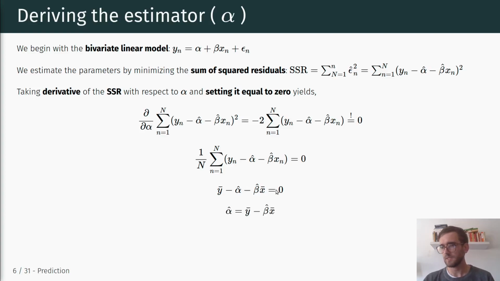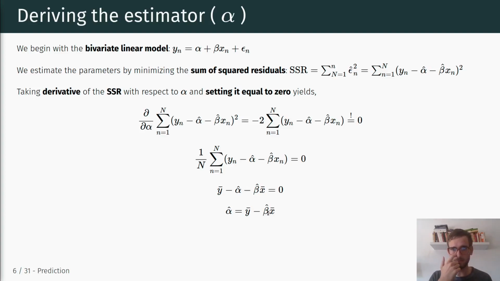And we can then easily rearrange and put y bar and beta hat x bar on the other side, and we're left with alpha hat is equal to y bar minus beta hat x bar, okay? And so now alpha hat is only a function of y bar and x bar, which are just the averages of our dependent and independent variable, and our beta hat, right? We'll leave this for now.